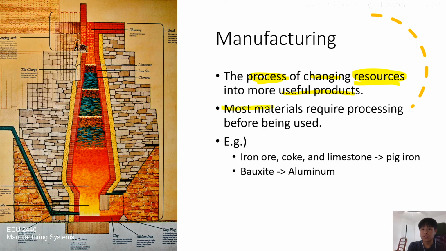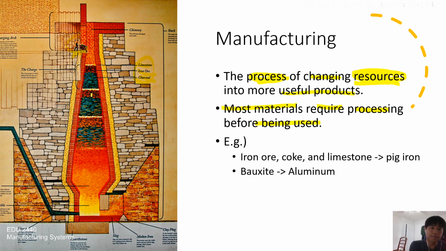Most materials require processing before use. This picture illustrates how metals are converted into useful products. This is a furnace. People pour in iron ore, which is the stone, with charcoal and limestone, the basic elements of steel.